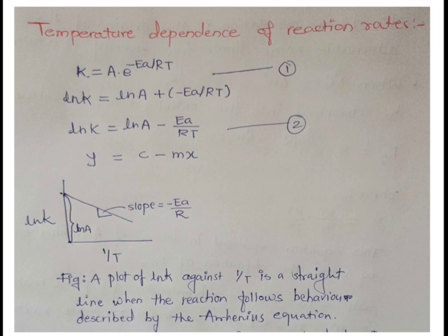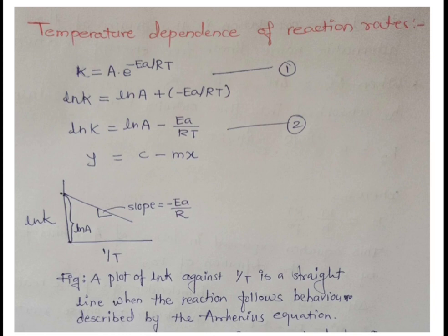Here y is the parameter plotted on the y-axis, which is ln k. Then c is the intercept, which is equal to ln A. m is the slope, and the slope is negative because the minus sign is here. The slope is -Ea/R and x is 1/T. So these are the parameters.